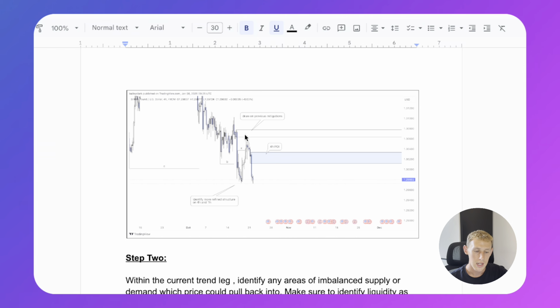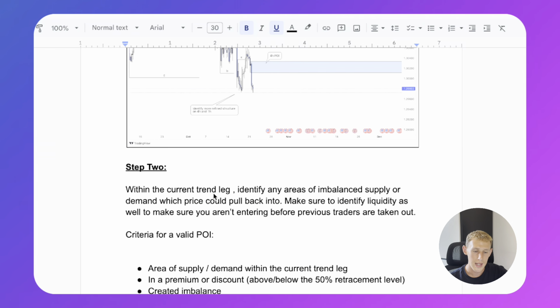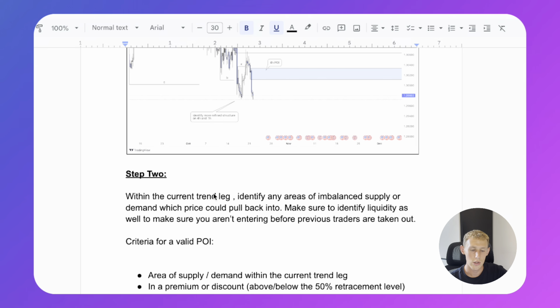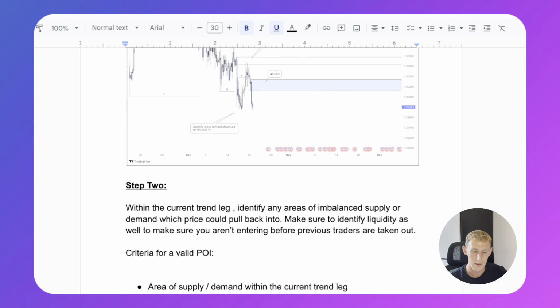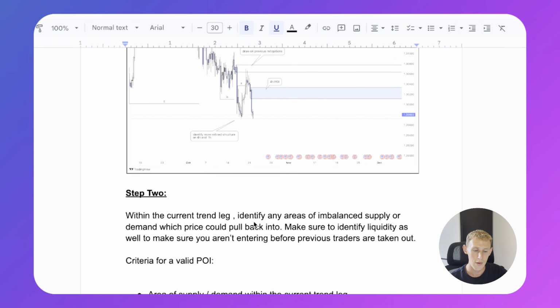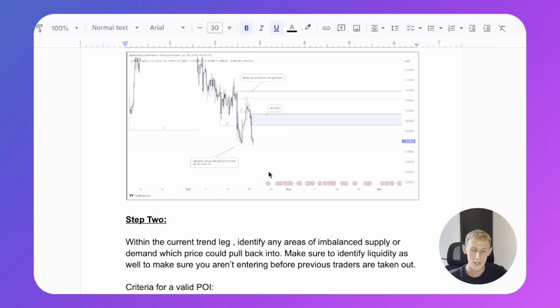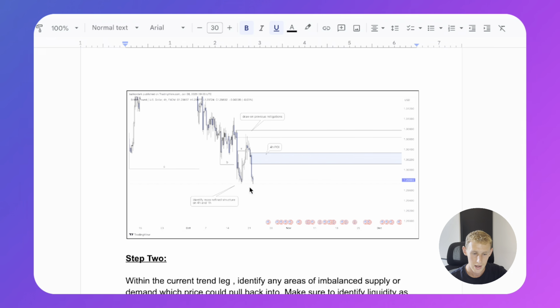After that, we obviously want to identify an area where we are actually looking to buy or sell from, and this is what constitutes a point of interest. And what I personally have as a point of interest, I have two main types. The first one is an imbalanced area of supply or demand, which has to create some imbalance. So as you can see here, this one was a very clear level of supply.